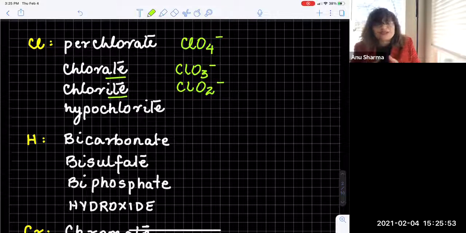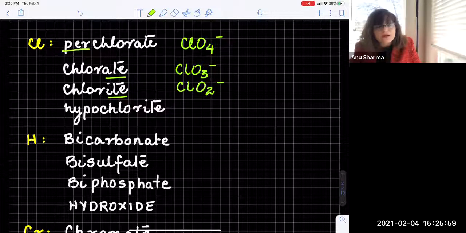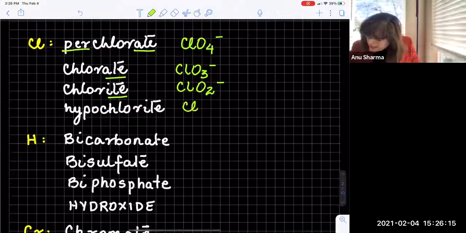Now they can't change the names, right? So they say, okay, fine, this is the highest oxidation state, so that is going to be perchlorate. Ate is a higher oxidation state anyway, but per is the highest oxidation state. So chlorine has a capability of combining with 4 oxygens, 3 oxygens, 2 oxygens, and it can also combine with just 1 oxygen.